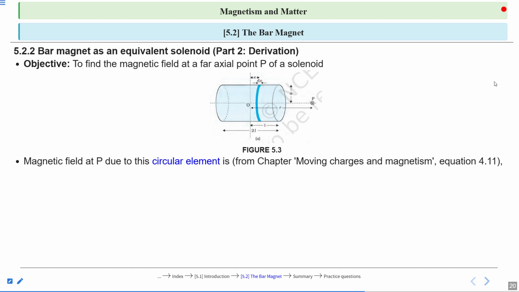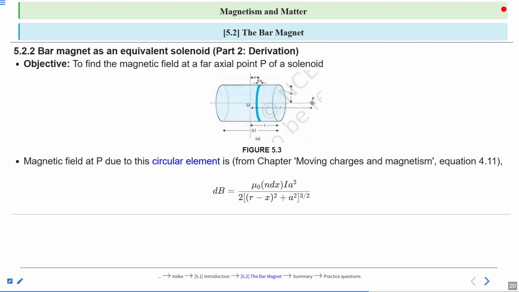There we considered 1 turn; now we are considering n turns also. That formula was mu naught N I a square upon 2 into (x square plus a square) raised to power 3 by 2.